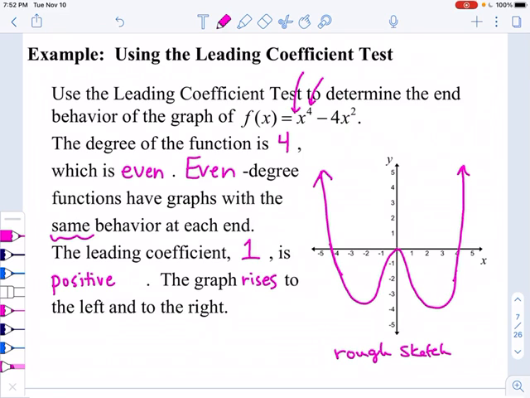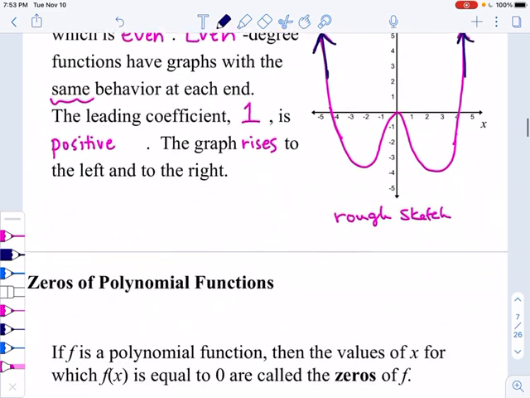A fourth power almost looks like a W shape. It's almost like a double parabola, right? A parabola x squared. If you were to double that, you have x to the fourth. It makes this funny looking W shape. The idea is to be able to figure out that the end behavior, both of these are going to end up rising. That's that leading coefficient test.